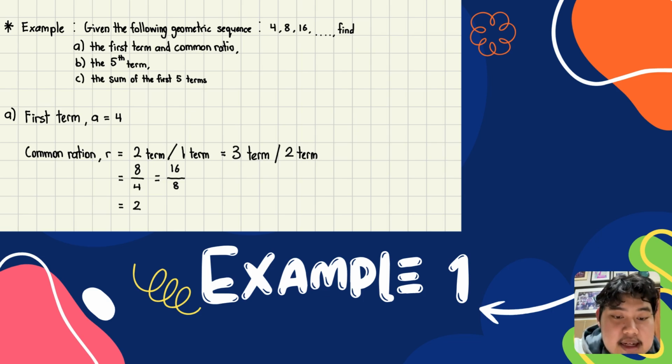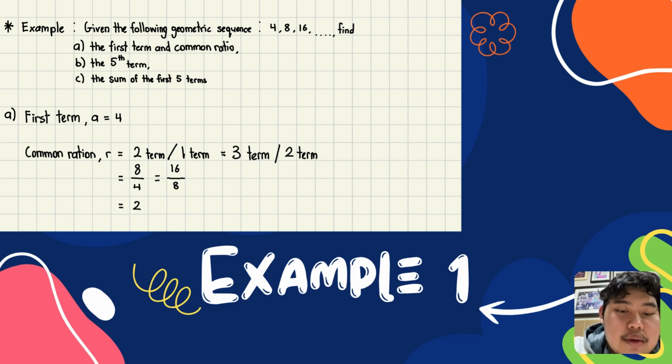So here is part B. They ask for the fifth term. Basically, you need to use the nth term formula: Tn equals A R to the power of n minus 1.